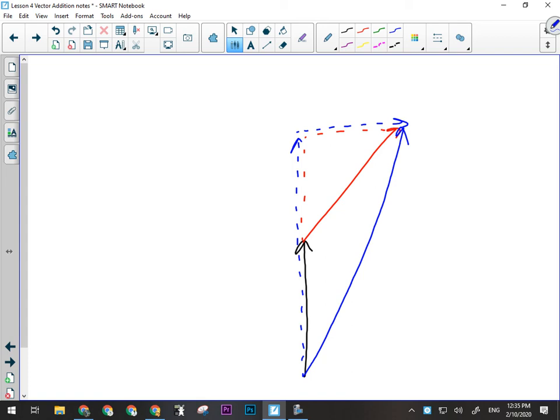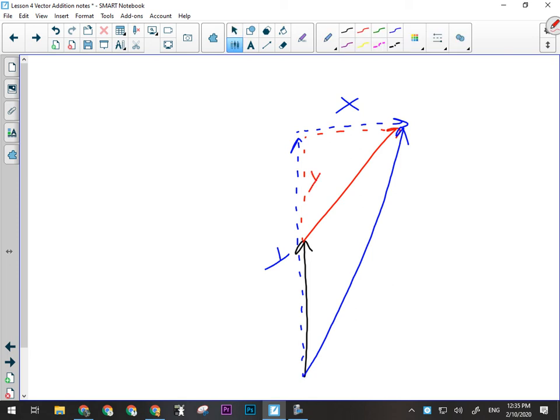Okay? So from a vector perspective, we said this goes north and it goes east. In order to calculate it, I need to know this side of the triangle, which I'll call blue y, and I need to know this side of the triangle, the easterly part, which I'll call blue x. Now, I know that this blue y will be the sum of my black vector and the y part of the red triangle.